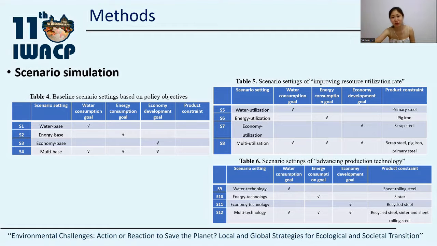And in these 2 kinds of scenario, we added the steel products, which are shown in the right column. And these products we chose also according to their production process and some technology of the current situation.